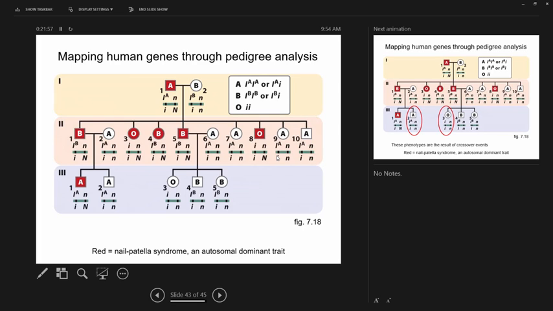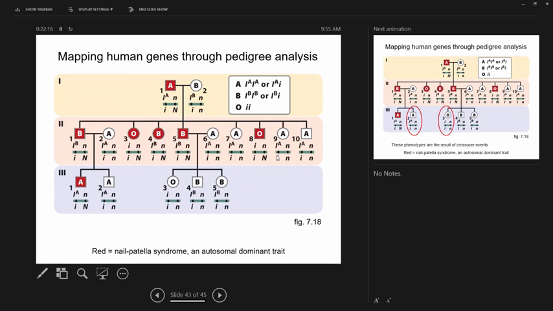There's one and there's one. So if you have an A father and a B mother and a child who's O, you know that each of the parents has a little i allele too. So now you know the genotype of these guys perfectly.